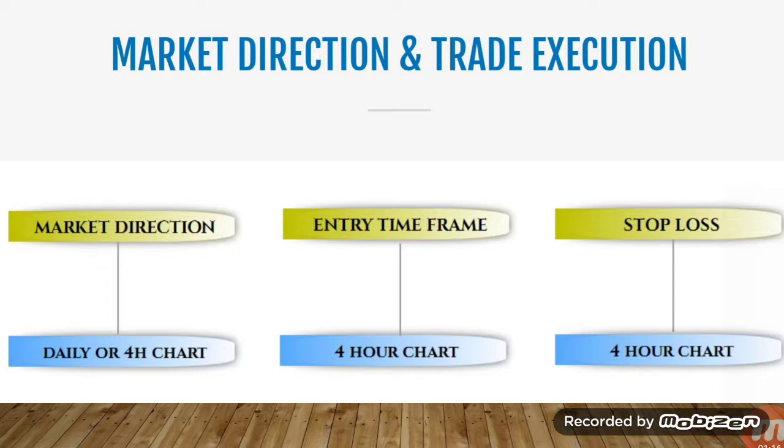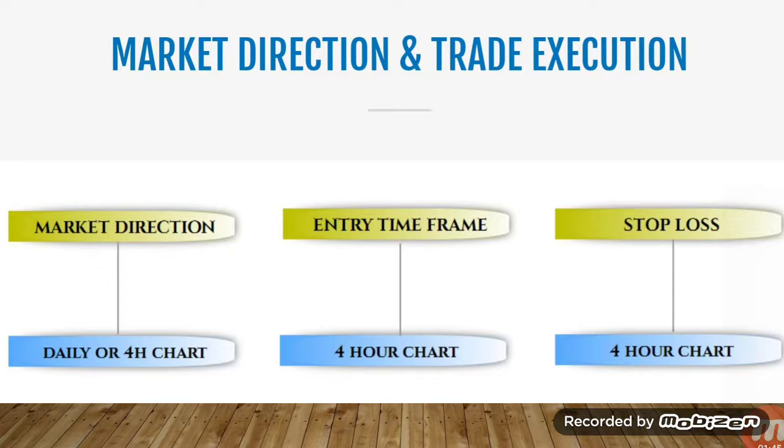Market direction is determined by these two time frames, with entry taking place using the signals and patterns provided by the 4-hour chart. To protect the trade until our target has been hit, we also use the 4-hour chart, where the stop loss is placed at trend lines, consolidation boundaries of resistance and support, as well as the highs and lows of candlestick formations and counter trend line setups.